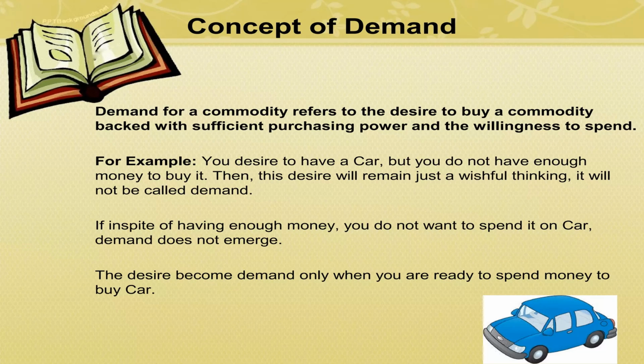On the contrary, if we want to buy a car and we also have money to purchase it, but we are not willing to spend our money, then also it is not called demand. Demand is demand when we desire to buy that commodity, have the money to buy it, and also have the willingness to spend our money to purchase that particular commodity.